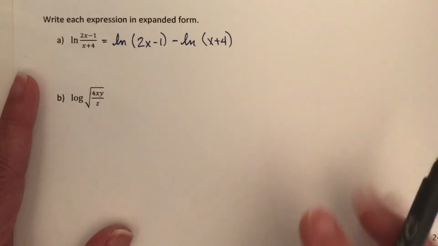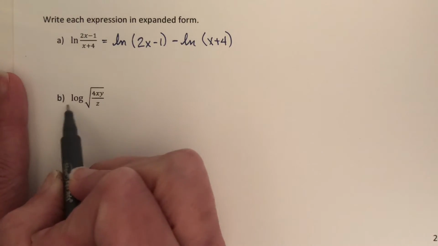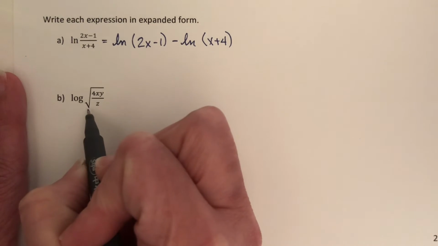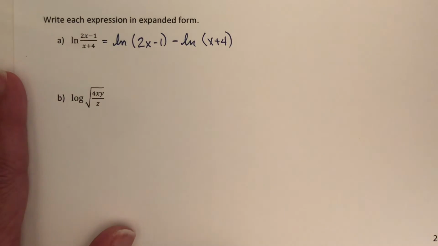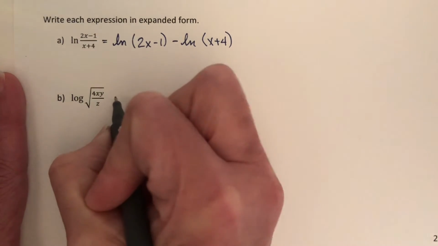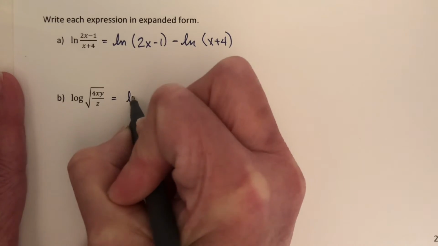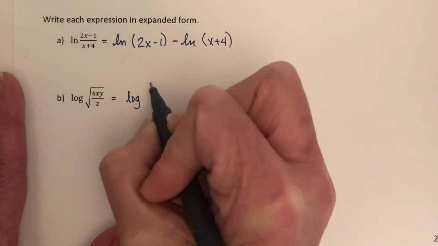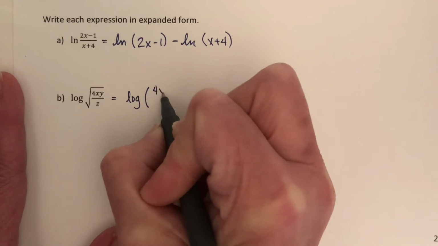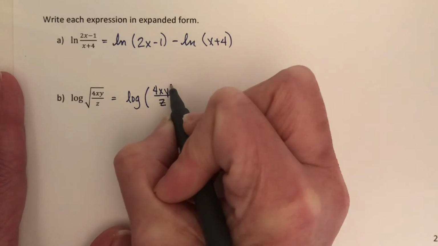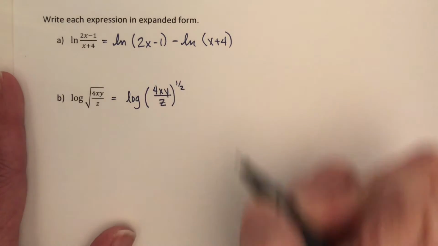Okay. So now let's take care of this. The first thing to recognize is that a square root is an exponent. It is a 1/2 power. So what I have is log, this is common log, of 4xy over z to the 1/2 power.